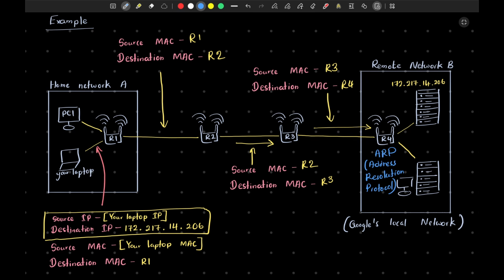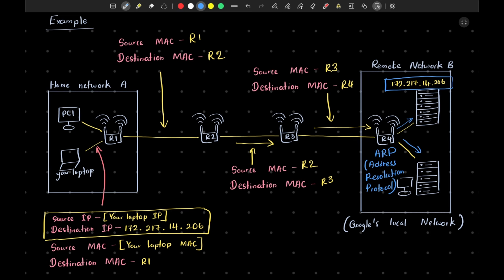We are not going to talk about this in detail, but simply, what it does is broadcast a message to every device in this network saying, send me the MAC address of the server that holds this IP address.